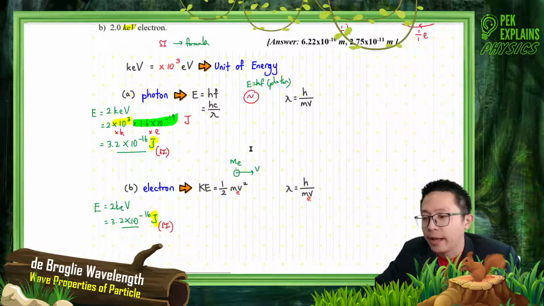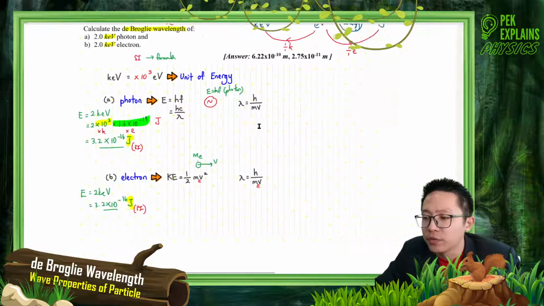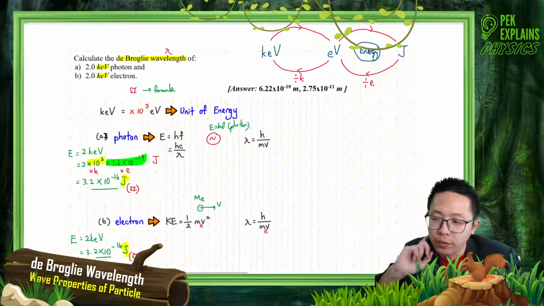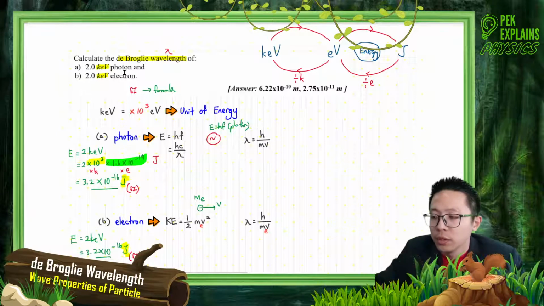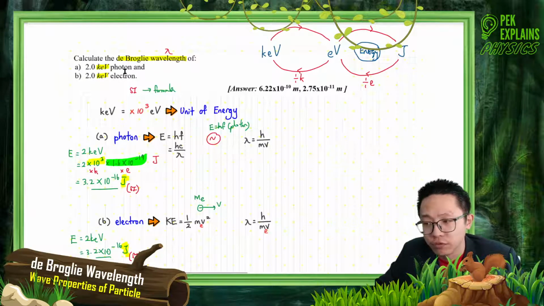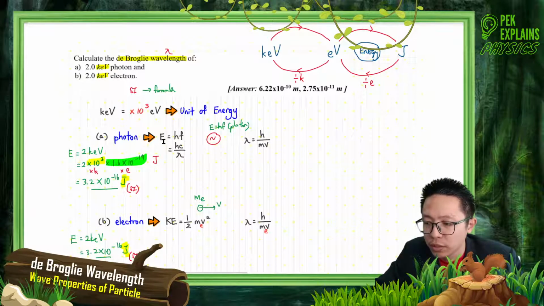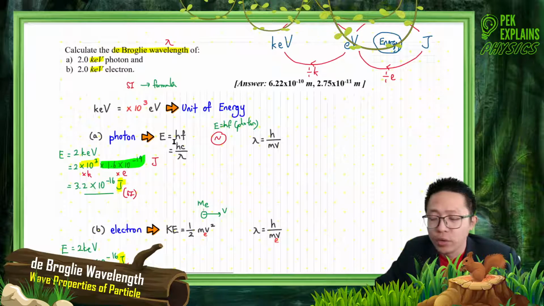Okay. So now the question asks to find the wavelength. First, we look at question A about the photon. We want to find the wavelength of the photon. The energy for a photon is E equal to hf. We also can change it to hc over lambda.